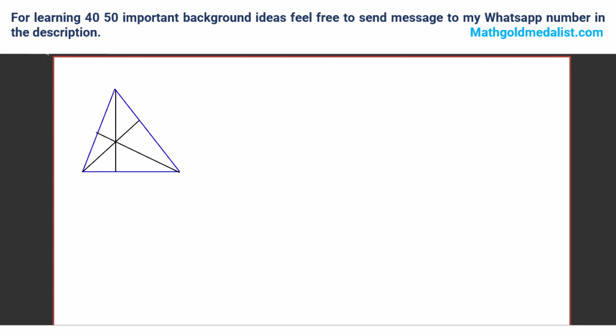This one is ABC. This one is D. This one is E. This one is F. If we connect DEF, I of DEF is what of ABC?